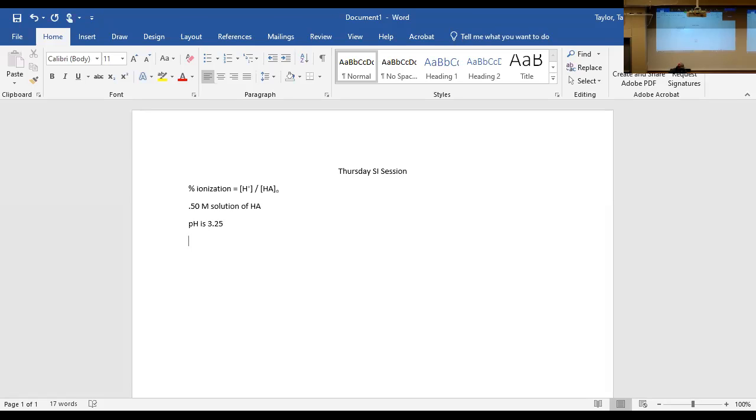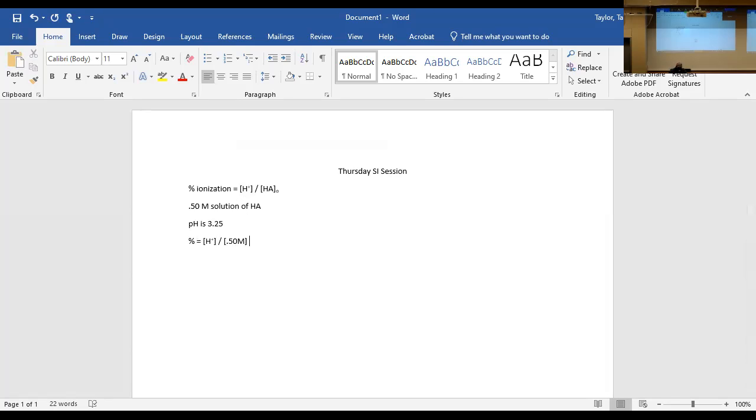The molarity of the solution, the 0.5 molar, is going to be your concentration of HA, so you already have that solved. So percent ionization equals the hydrogen ion concentration, copy paste this, it's easier, divided by 0.50 molar.